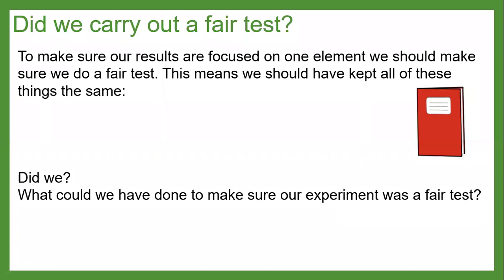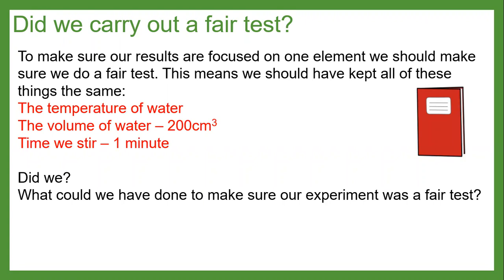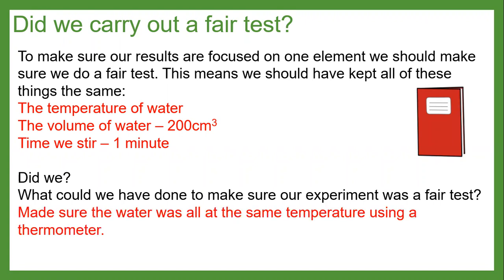So reviewing today's learning, did we carry out a fair test? To make sure our results are focused on one element, we should make sure we do a fair test. This means we should have kept all of these things the same: the temperature of the water, the volume of water, the time we stir. Did we? What could we have done to make sure our experiment was a fair test?